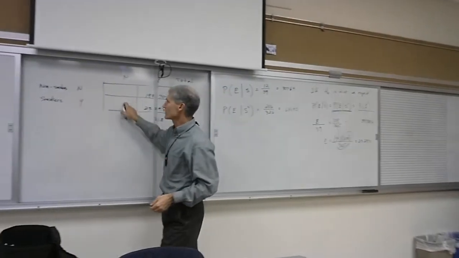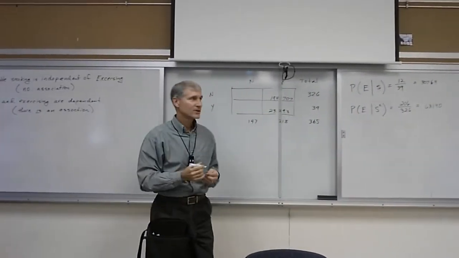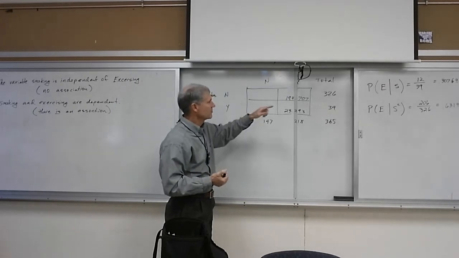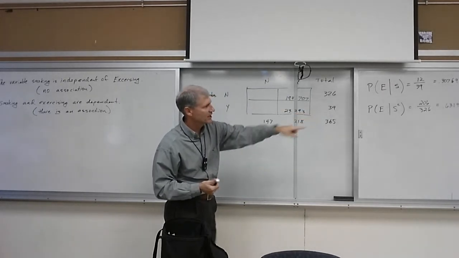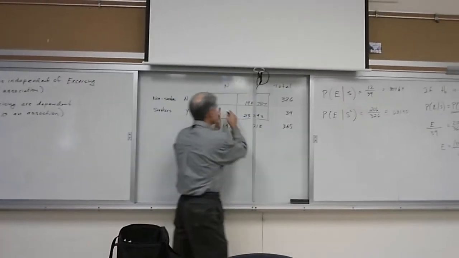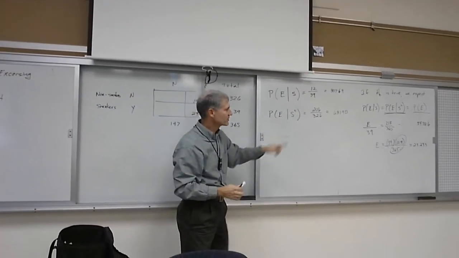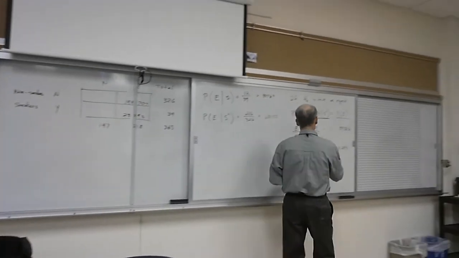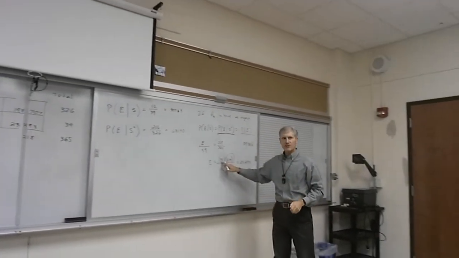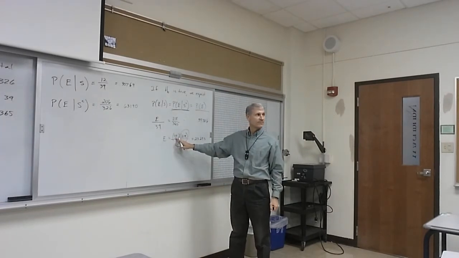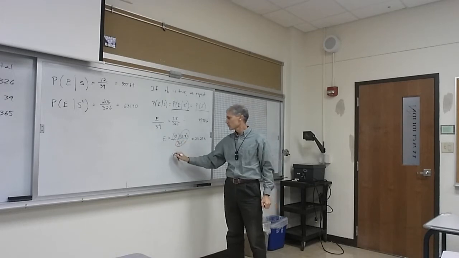Now, how can I get the other two cells? You could get it by subtraction, or you could simply do exactly the same thing, but now it's the proportion they don't exercise. Notice what we did here. Where did this 39 come from? It was the row total of smokers.